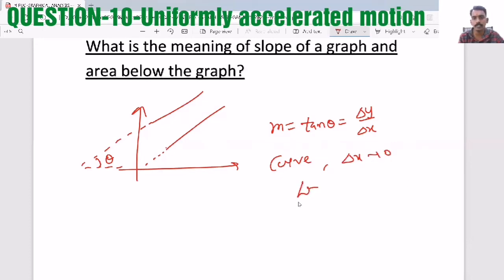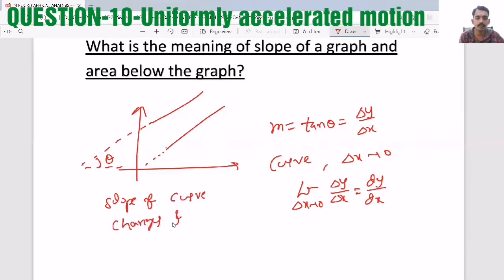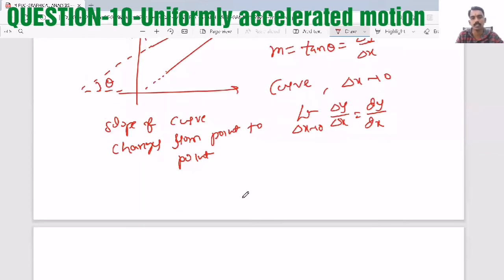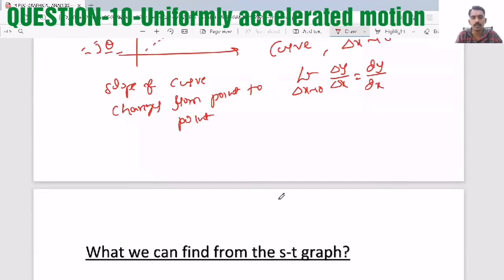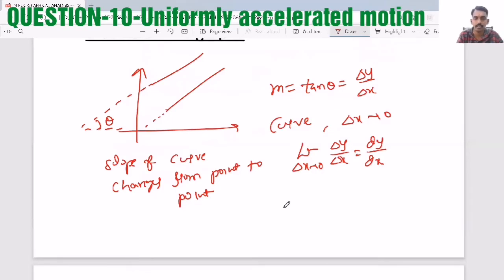Then under the limit delta x tends to 0, delta y by delta x equal to dy by dx. That means the slope of a curve changes from point to point. From one point to another, the slope keeps on changing. But for a straight line, the slope remains the same.